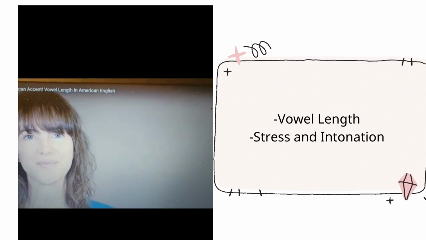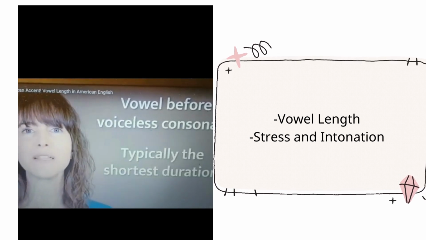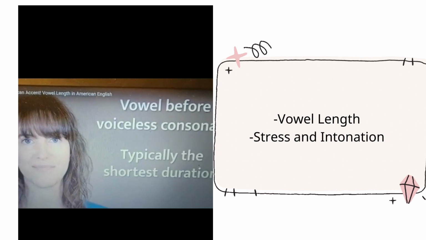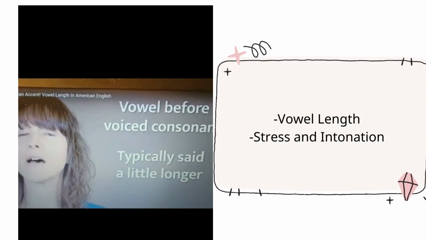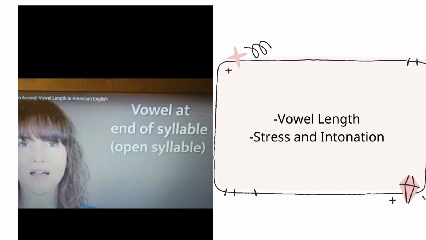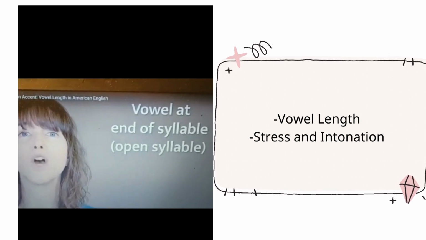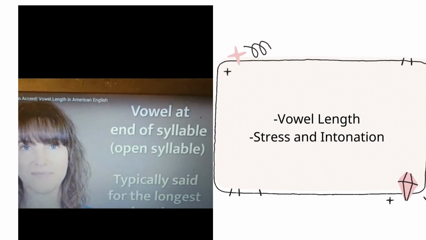Here's the rule. When a vowel comes before a voiceless consonant, it is typically said for the shortest duration. And when a vowel comes before a voiced consonant, it is said a little bit longer. And when a vowel comes at the end of a syllable, also called an open syllable, the vowel is said for the longest duration.